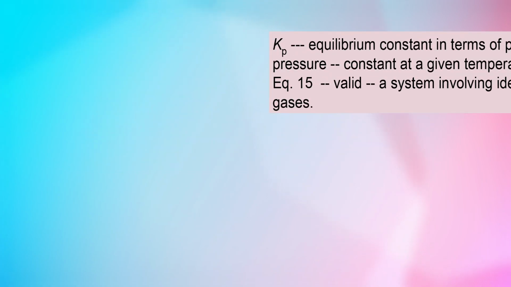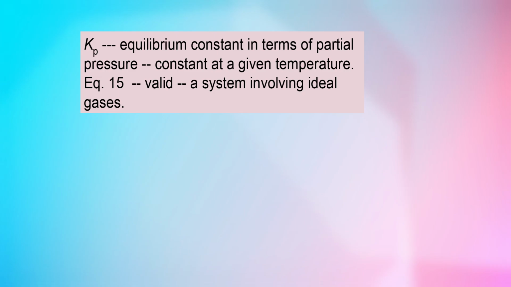If you look at this equation 15, you must know that this Kp is the equilibrium constant in terms of partial pressure, which is constant at a given temperature. And this equation 15 is valid only for ideal gas systems.